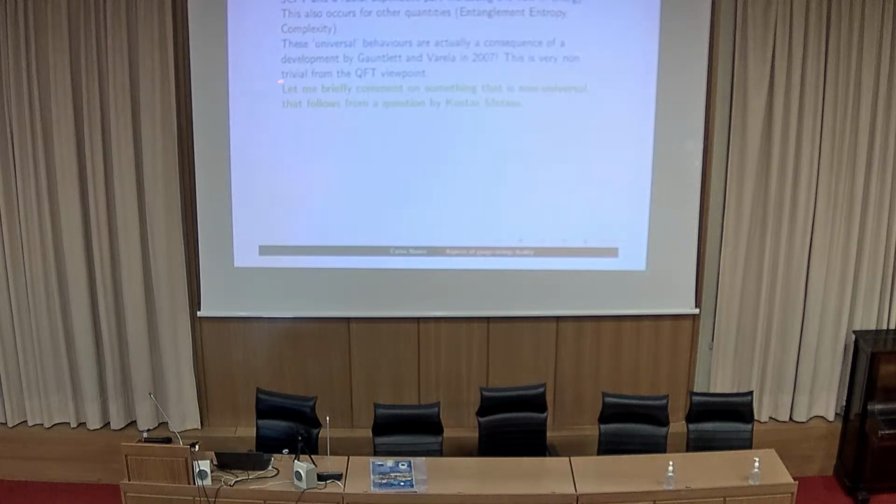And actually, I think it could be thought of as a consequence of a very nice development by Gauntlett and Varela in 2007, some conjecture on compactifications they made in 2007. Let me just say that this breaking is very non-trivial from a field theory viewpoint.